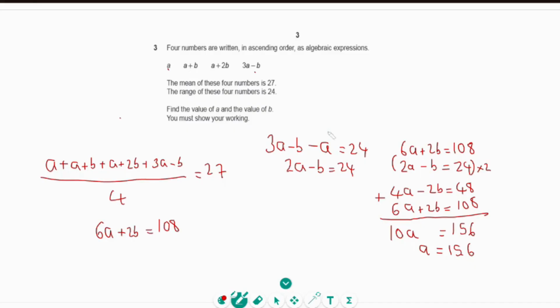Now I know what a is, I'm going to work out b by substituting. You can choose any equation here. I'm going to choose this top one. So I know 6a add 2b is 108. I know that a is 15.6, so I'm going to work out 6 times 15.6 plus 2b is 108.